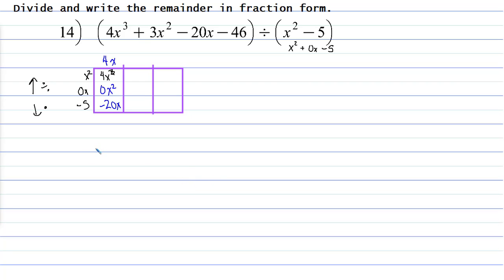So now, we need to complete the diagonal. 0x squared plus something is going to get me to that 3x squared. That something is 3x squared. So again, we're going to divide to go up. So 3x squared divided by x squared gives me just a positive 3, and multiply to come down.